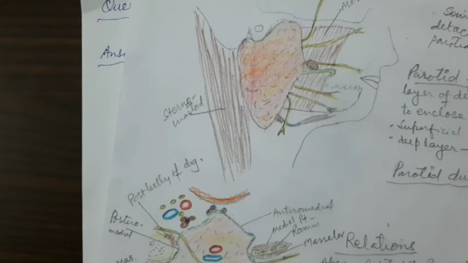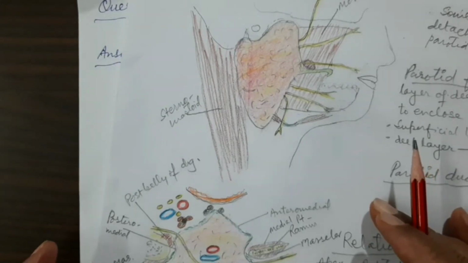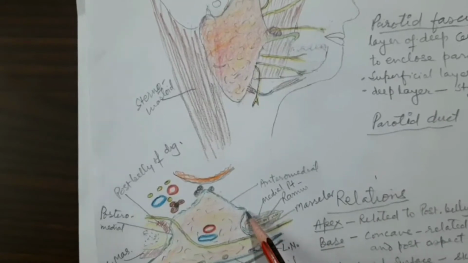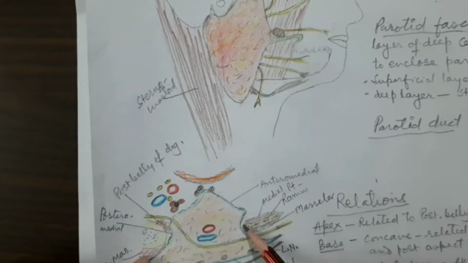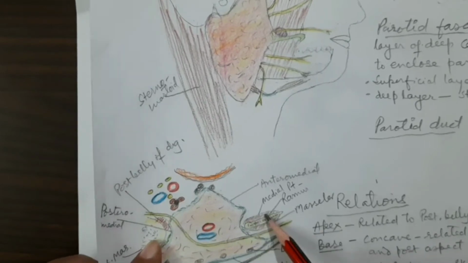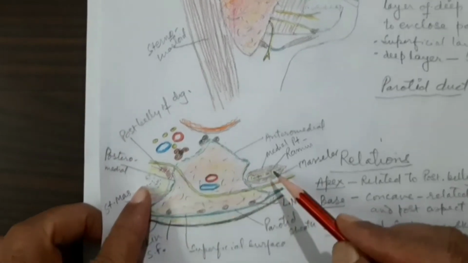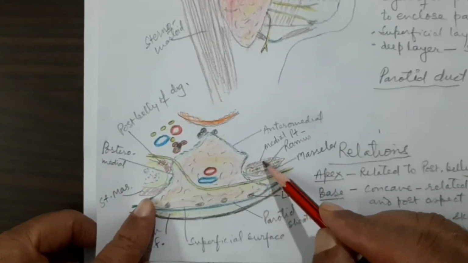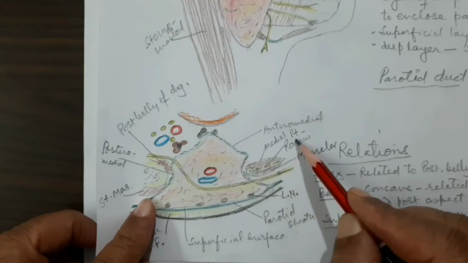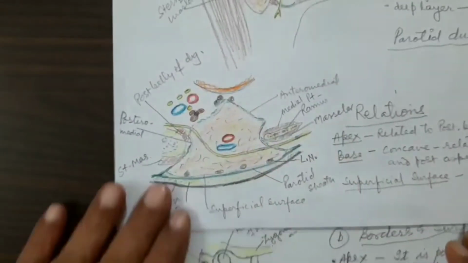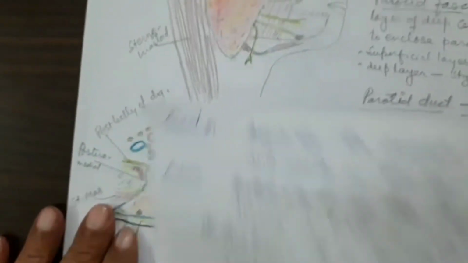Then it is related to the posterior border of the ramus of the mandible and the medial pterygoid. See, this muscle is the medial pterygoid muscle, which is attached onto the medial aspect of the ramus of the mandible just above the angle. I think you can understand from this diagram also.